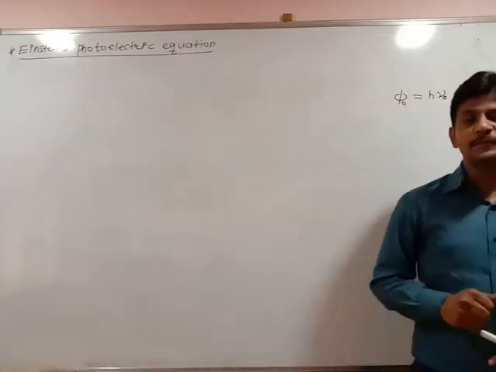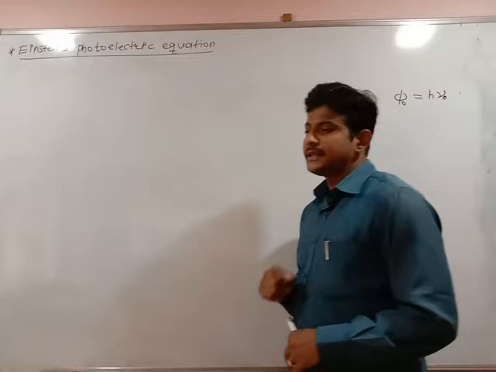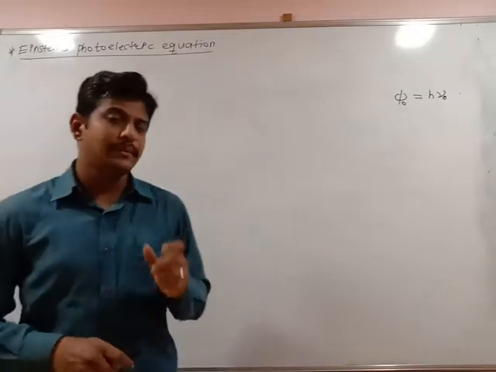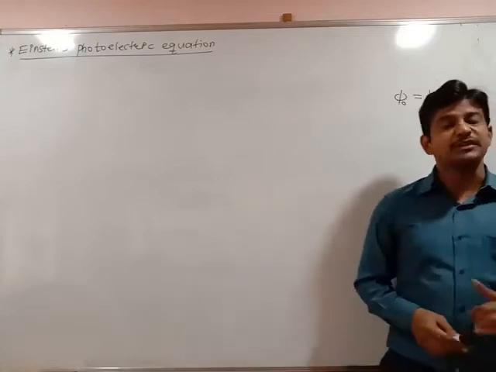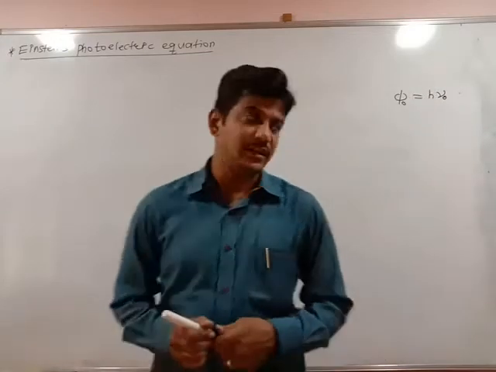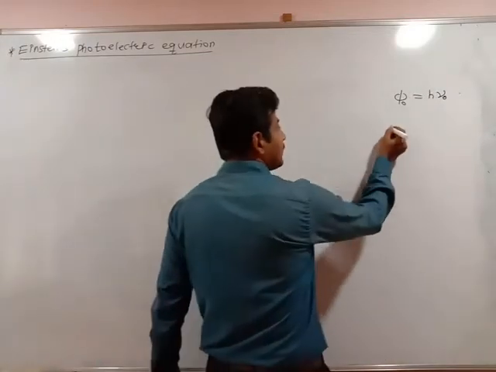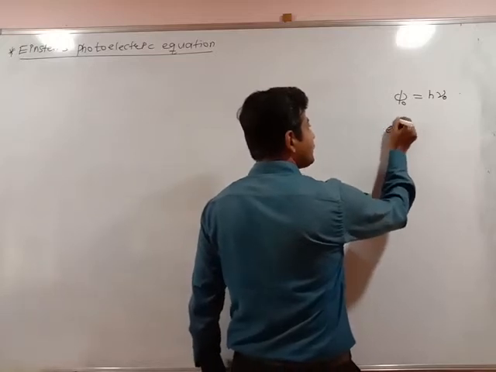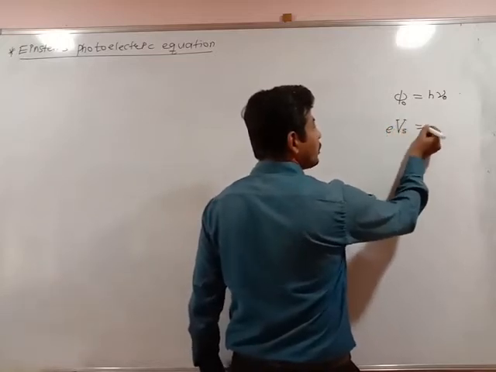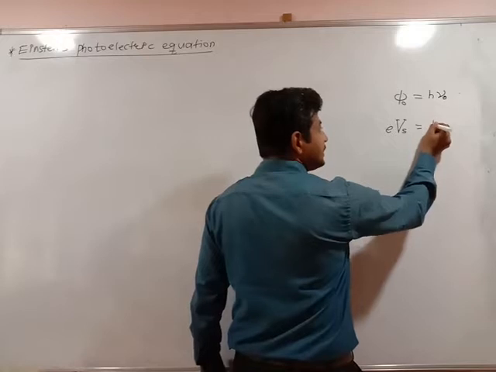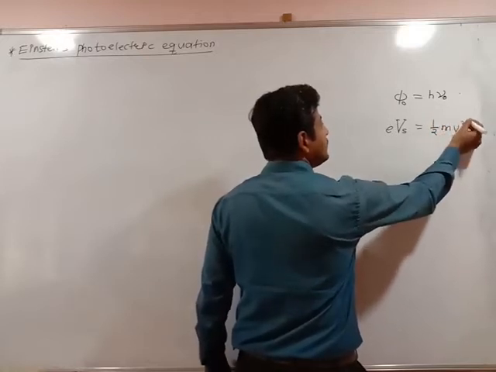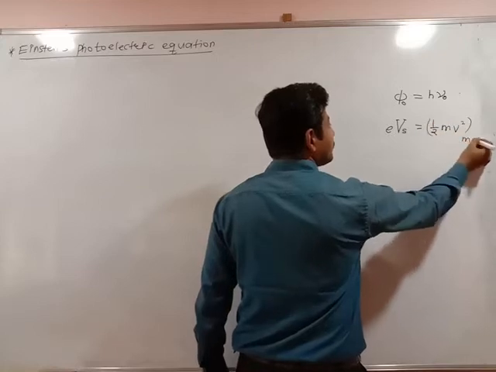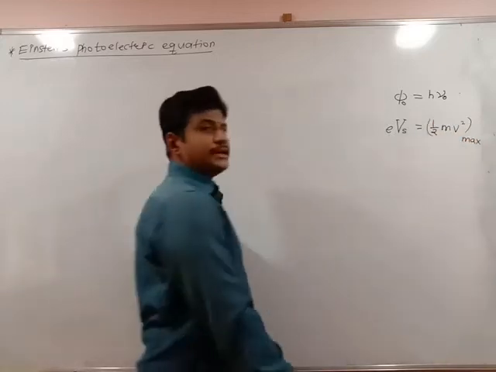And also we have seen the concept of the stopping potential, the minimum potential at which the photoelectric current reduces to zero. At that potential, the maximum kinetic energy also reduces to zero.